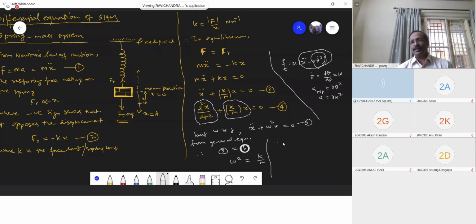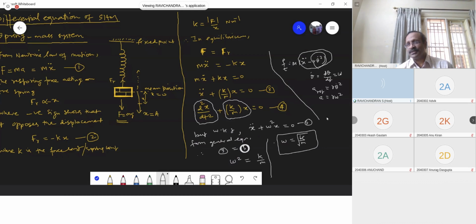Therefore, omega can be given as the square root of k by m. How do I get to this? If I introduce something like this, they must be dimensionally equal also. Look at this: this is acceleration, this is also acceleration.